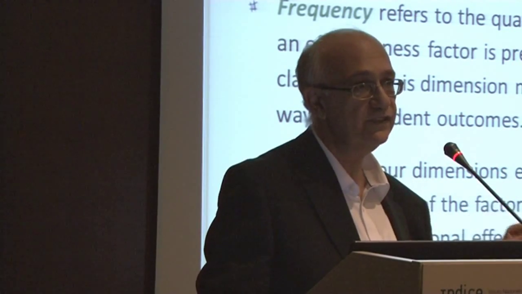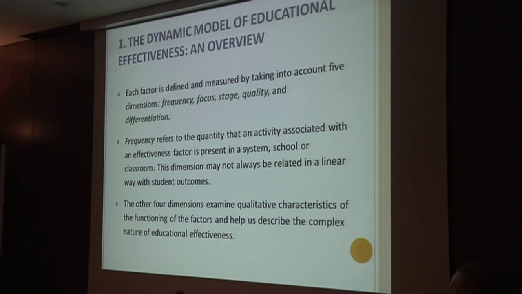Here, the use of this framework is not only important for measurement reasons, and something that I like to stress: we introduce these 5 dimensions in order to emphasize that it's not only important to look at the quantitative characteristics. So we also look at the dimensions from a theoretical point of view.